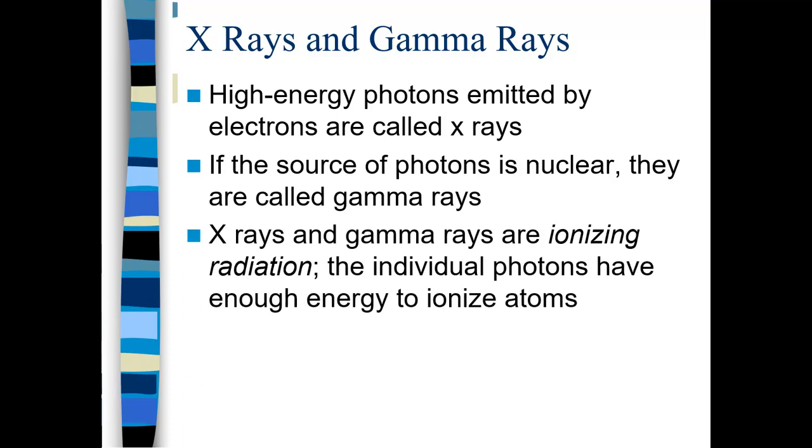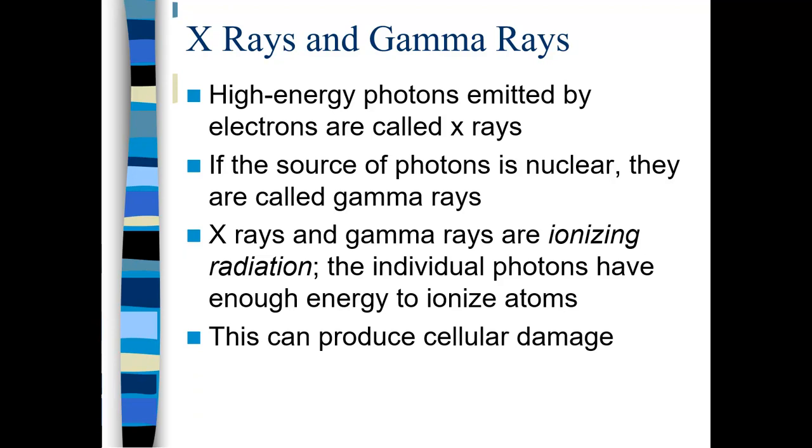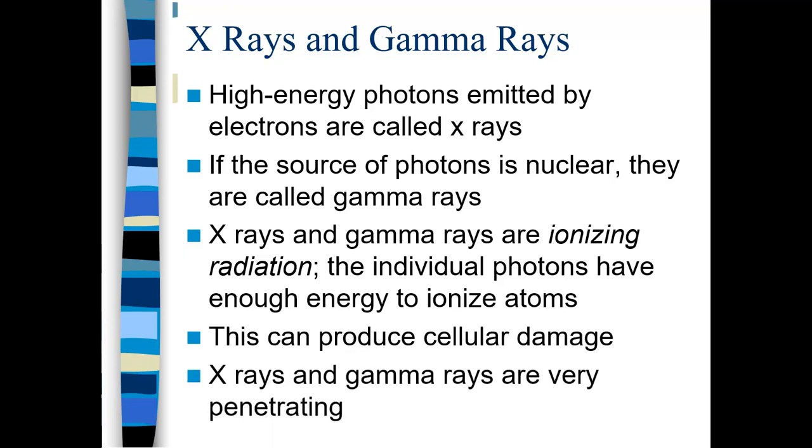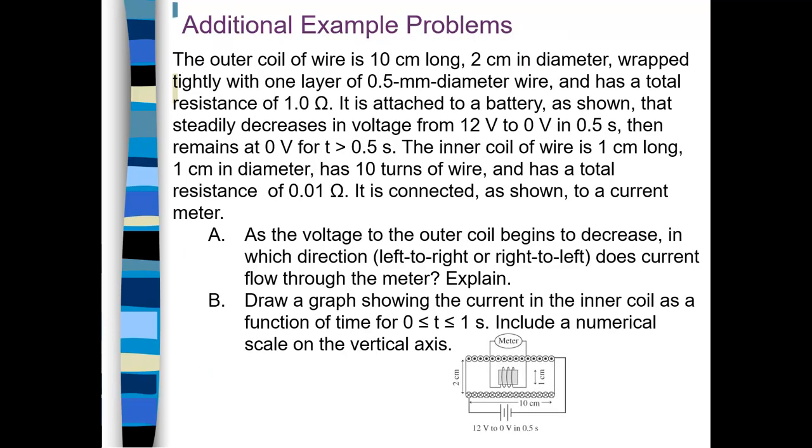X-rays and gamma rays are ionizing radiation. Each photon has enough energy to ionize atoms. So it can create ions from atoms, and this will generate cellular damage in humans. X-rays and gamma rays are very penetrating. Some of them can penetrate directly through concrete blocks.